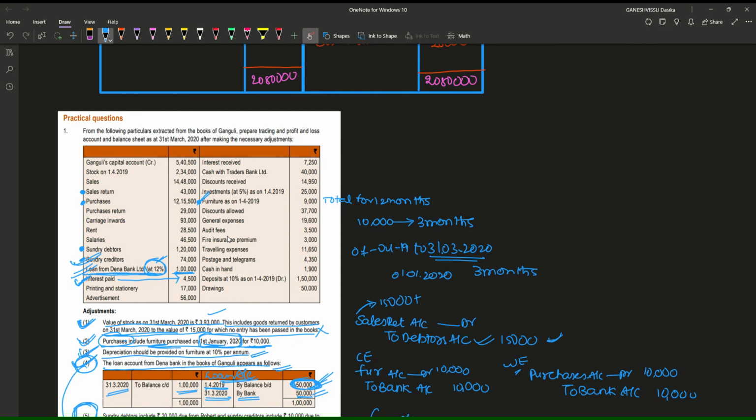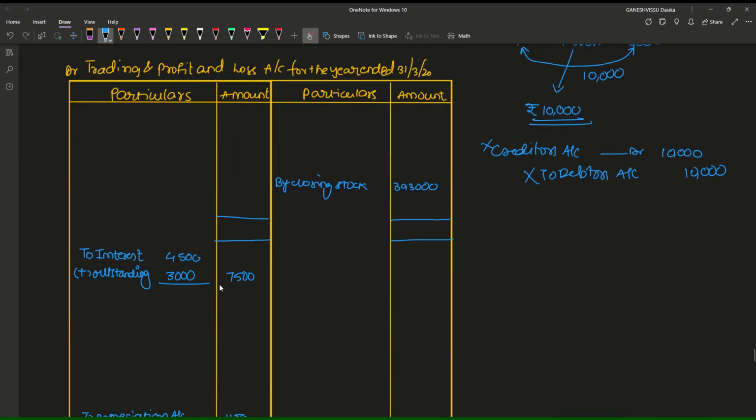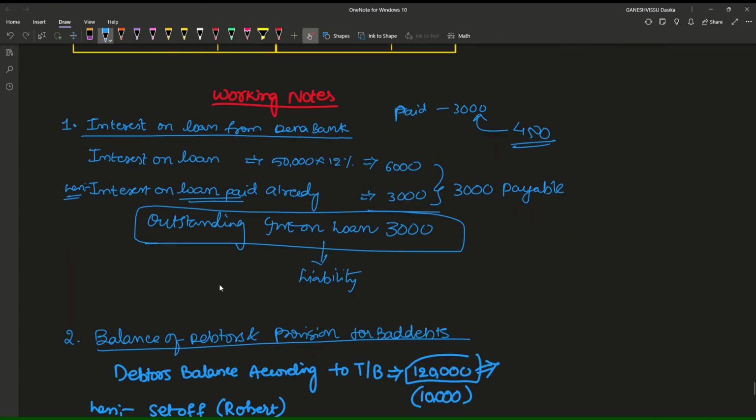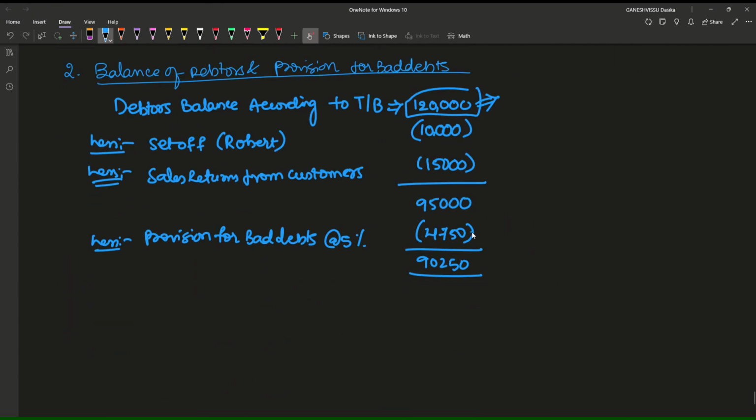Let us see the provision for bad debts in the question, that is, in the trial balance. There is no balance of provision for bad debts. So what we can do now is directly debit this provision for bad debts to the profit and loss account.